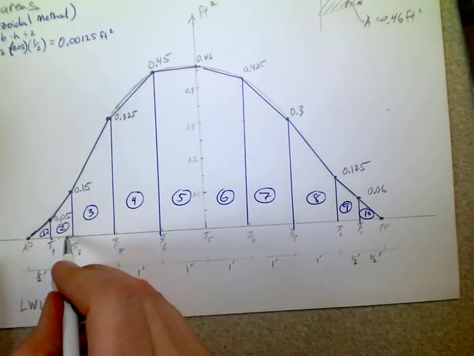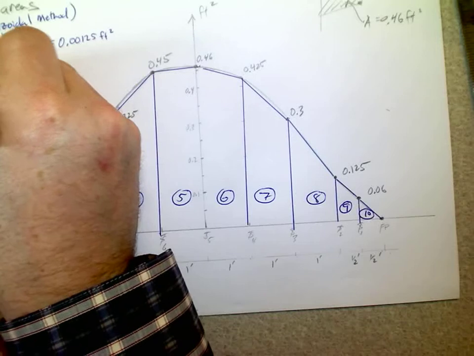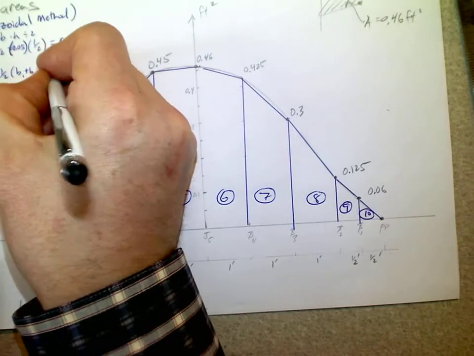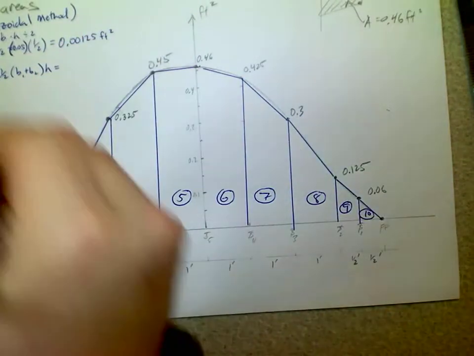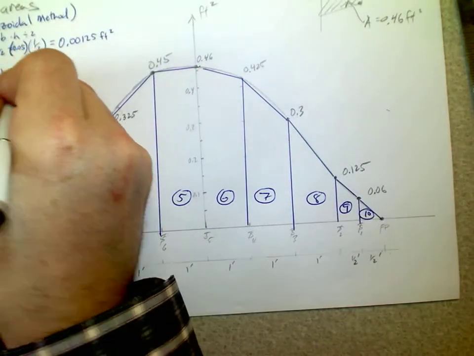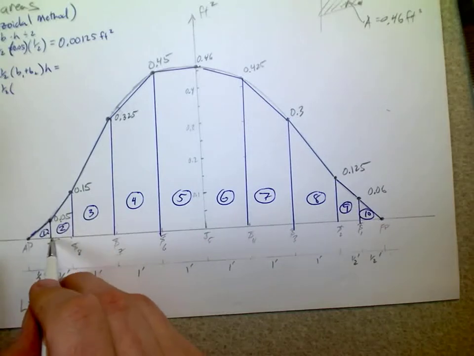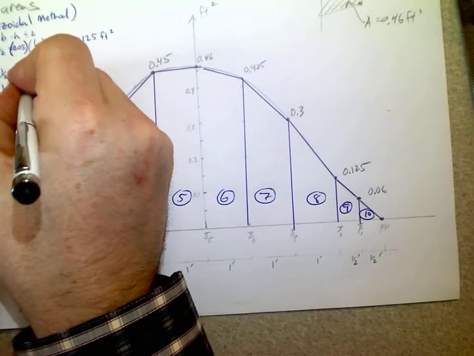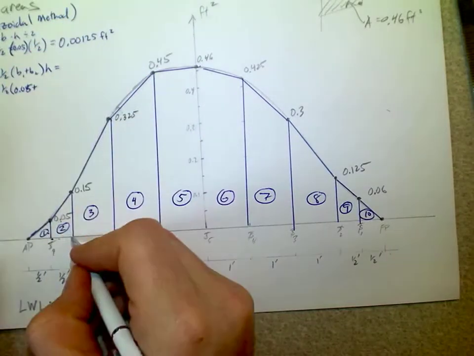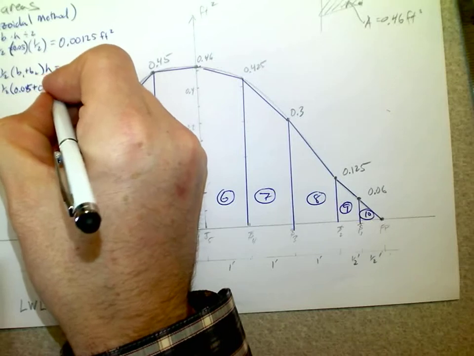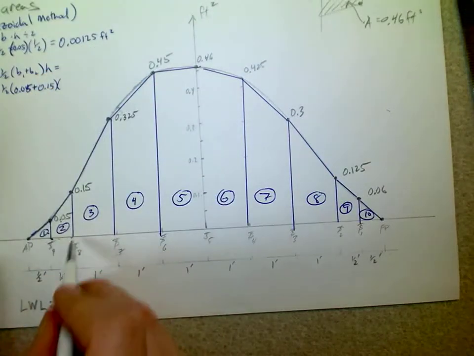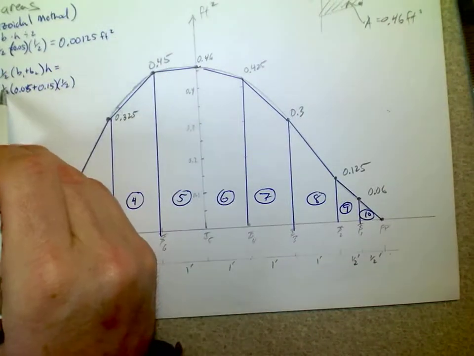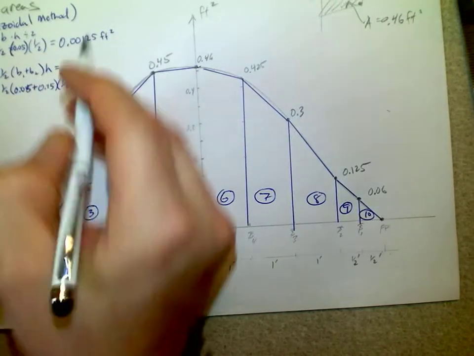So for area 2, that's a trapezoid, which is 1/2 times base 1 plus base 2, times the height.